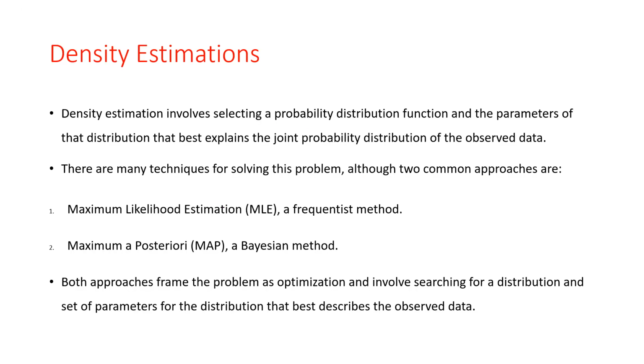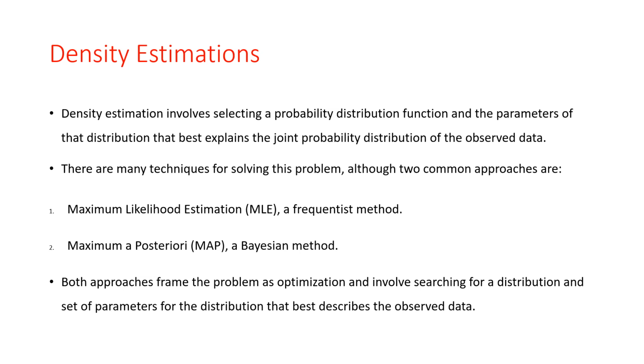Before starting maximum a posteriori, first we discuss what is meant by density estimation. The common modeling problem involves how to estimate a joint probability distribution for a data set. For example, given a sample of observations, we have n samples of observations from a domain, X1, X2, X3 and so on up to Xn, where X1 is one observation and X2 is another observation.